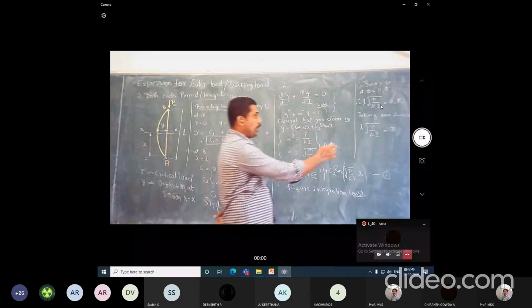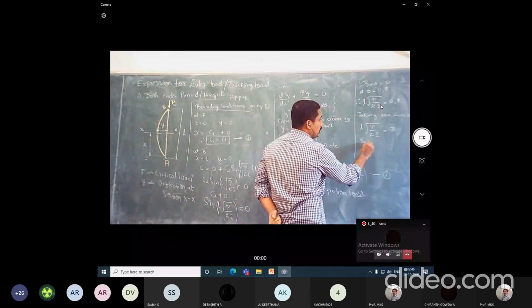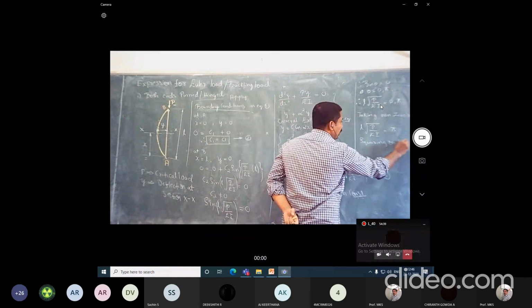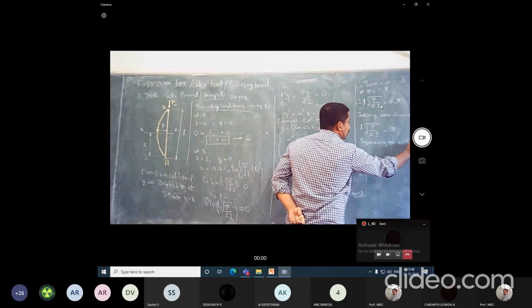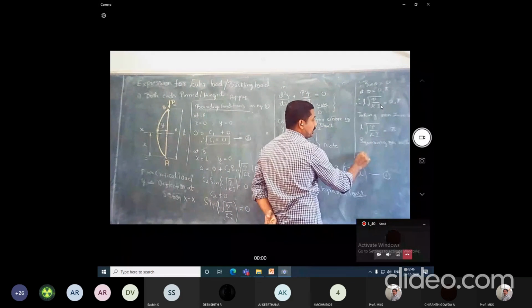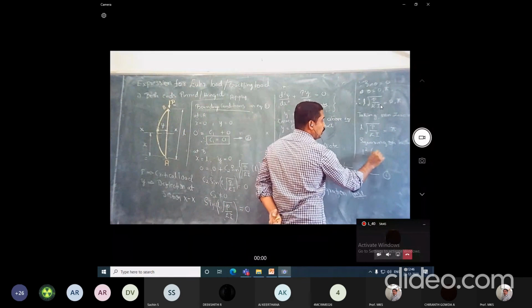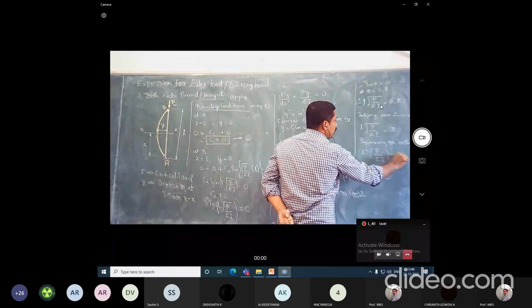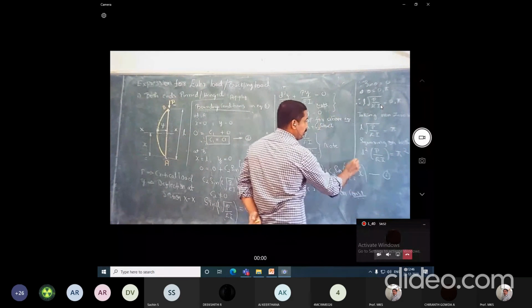When you do the squaring on both sides, L square into P by EI will be equal to pi square.